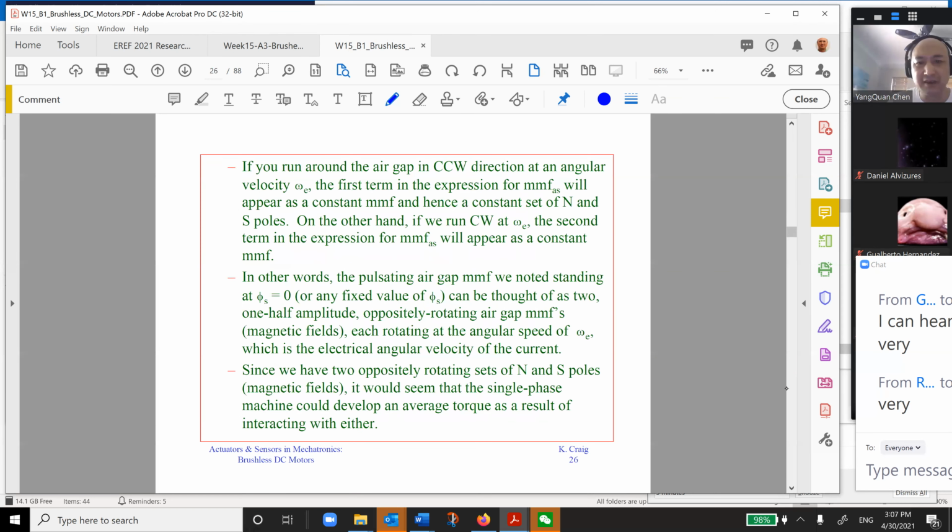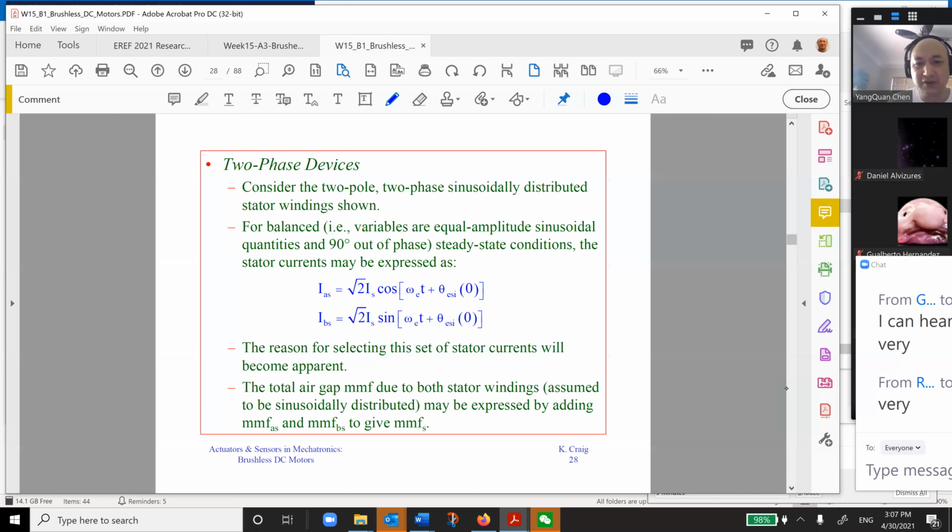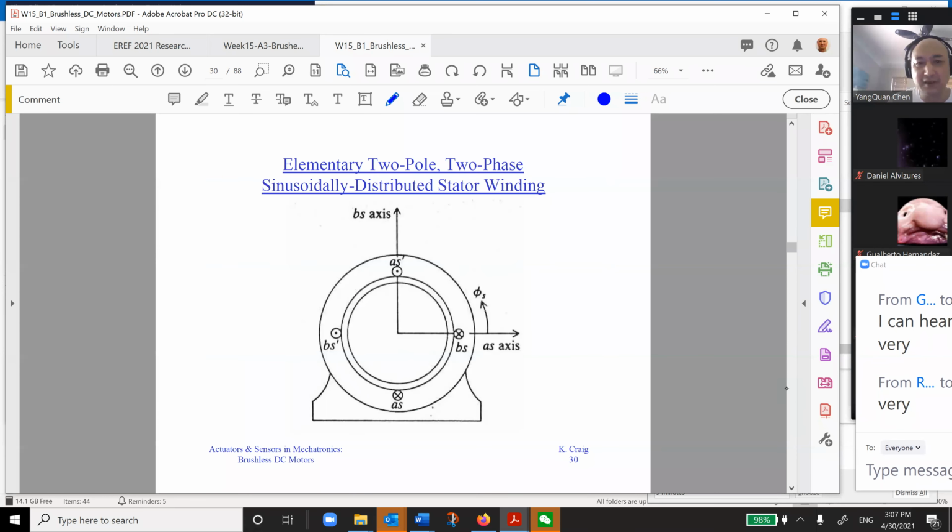I think this is two phases. If you don't feel you can understand, it's okay, don't worry.